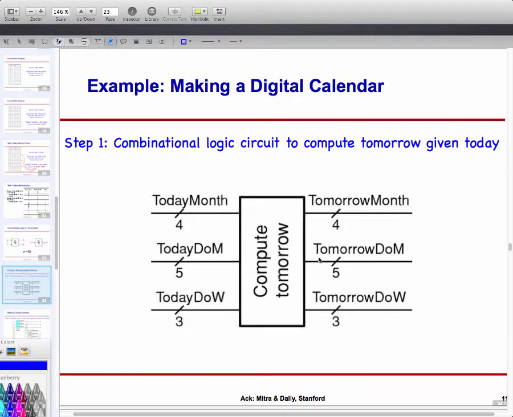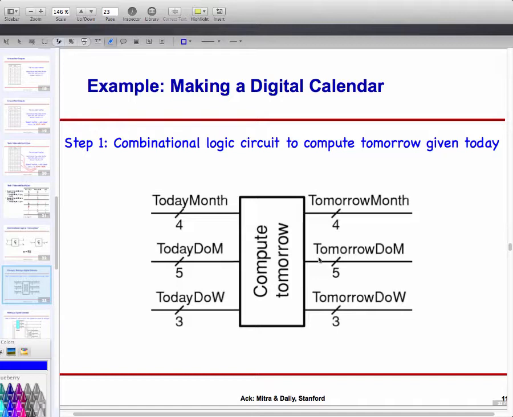Now, that's great, but oftentimes we need a notion of a memory. So let's say we are interested in making a digital calendar. At the midnight hour, it's going to change to the next date. In our case, the calendar has the month, the day of the month, like 15th January, and then the day of the week, Sunday through Saturday.